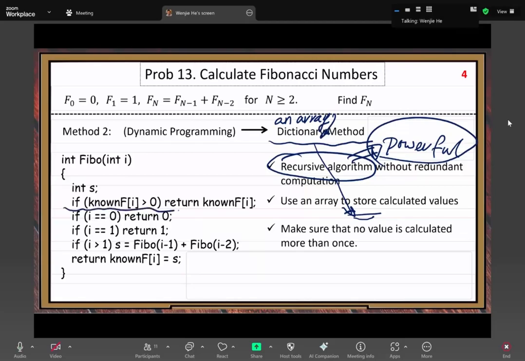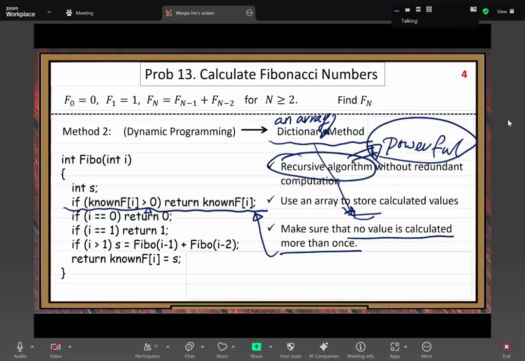All right. So then, here you can see, this line is checking. How do you make sure no value is calculated more than once? This is the checking line, to make sure. Because here we create a special array called the known-F array. From the name you can see, if the value is greater than 0, then the value is known.